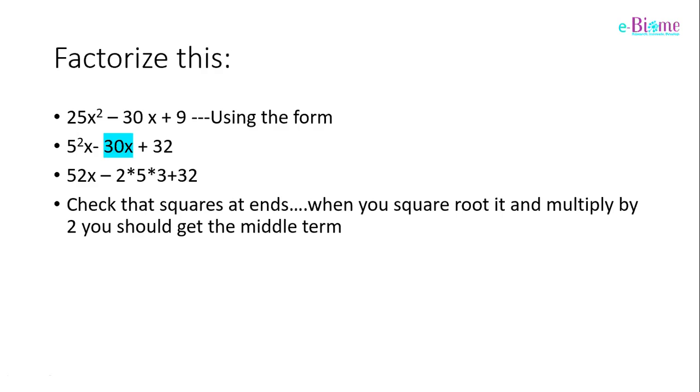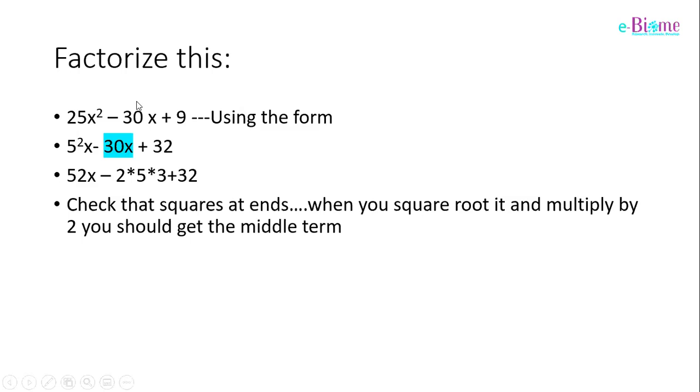And so coming back to this question now, 25x squared minus 30x plus 9. And so we have 5 squared x minus 30x plus 3 squared. So now we realize that the middle term must represent that 2ab. So we have the 2 and the a is 5 because the 5 represents the square root of 25. And then the 3 is the square root of 9.